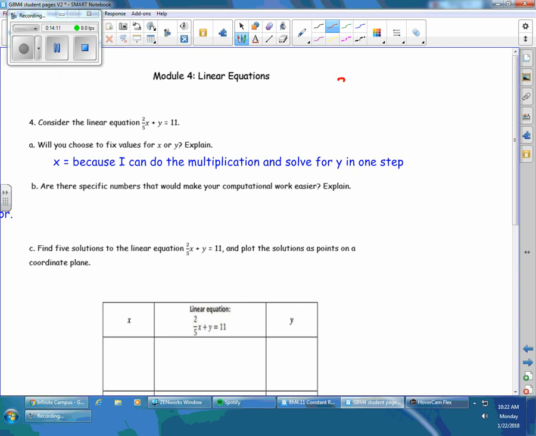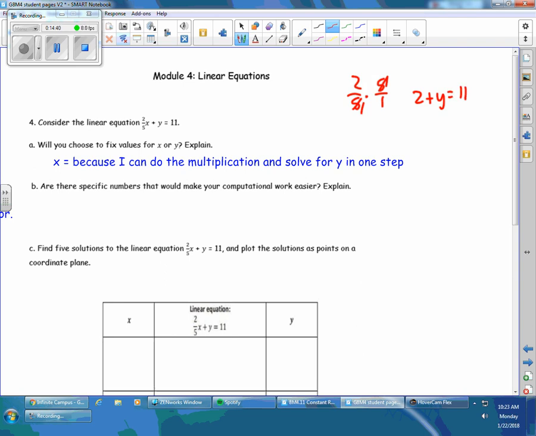If I've got 2/5 and I'm multiplying it by 5, or 5 over 1, I can reduce before I multiply. So 2/5 times, if my x is 5, or 5 over 1, I can take care of that, and it's just going to be 2 plus y equals 11, and then I can subtract that 2 from both sides.